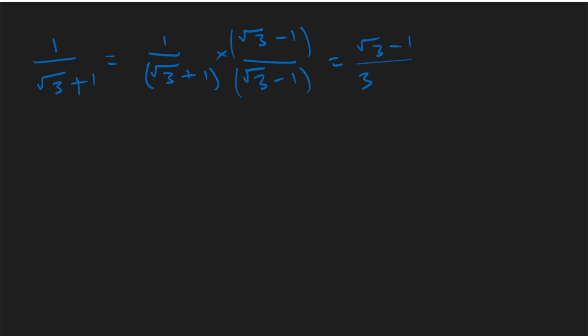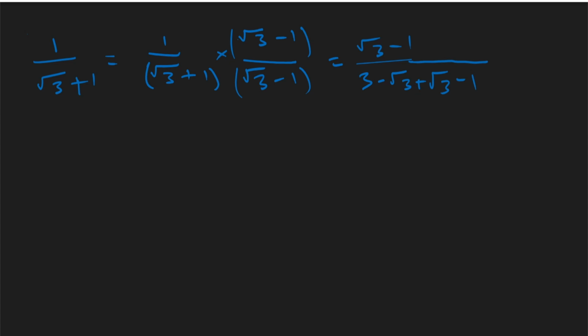Then root 3 times negative 1, we're going to have minus root 3. We take this one and multiply through. So 1 times root 3, we're going to have plus root 3. 1 times negative 1, we're going to have minus 1. That's it.